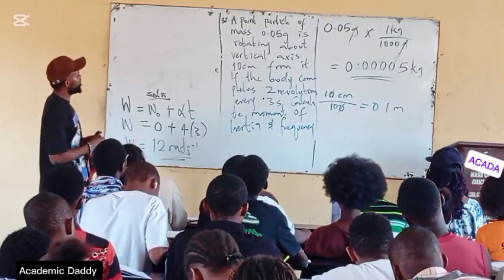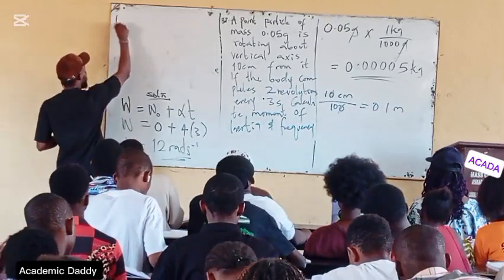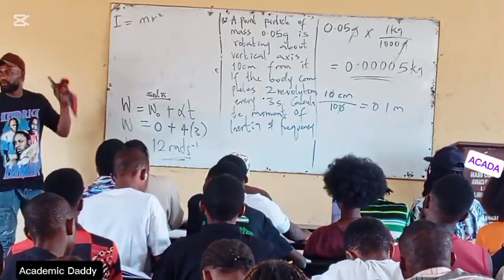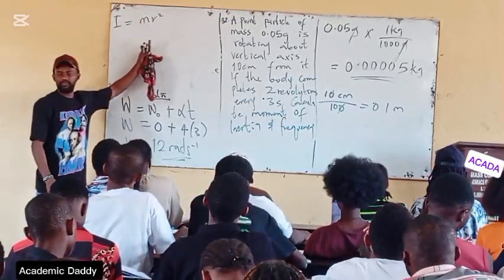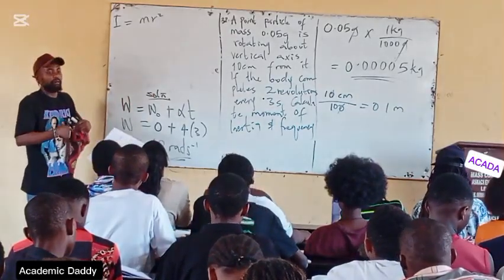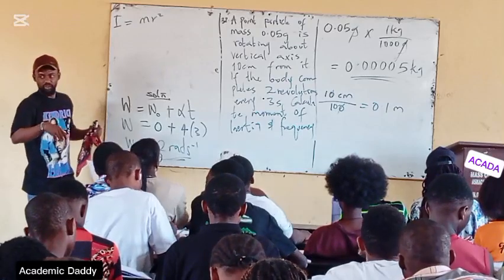Moment of inertia. Now, remember that moment of inertia is given by I equals m times r squared. But as we progress, there are different cases. So when we say moment of inertia, we know that it talks about mass and rotating axis, the orientation.